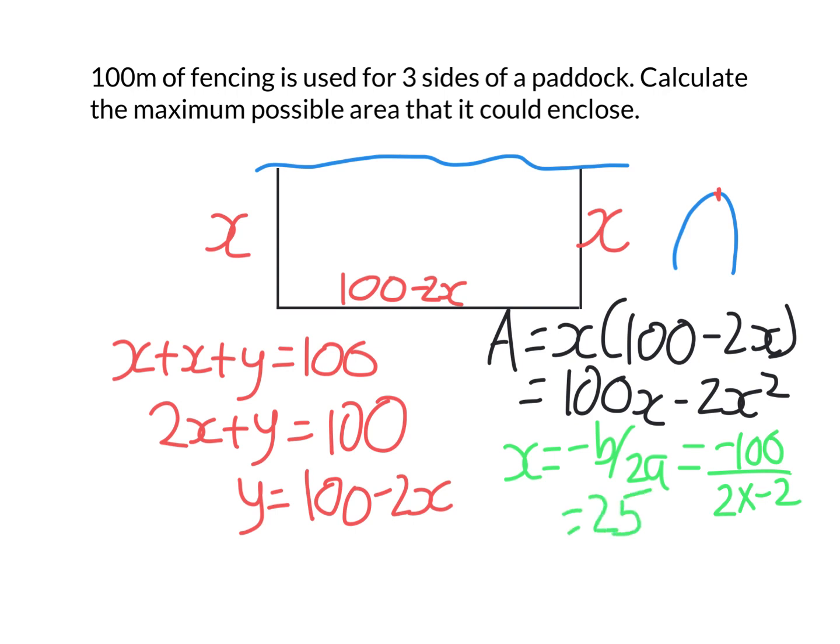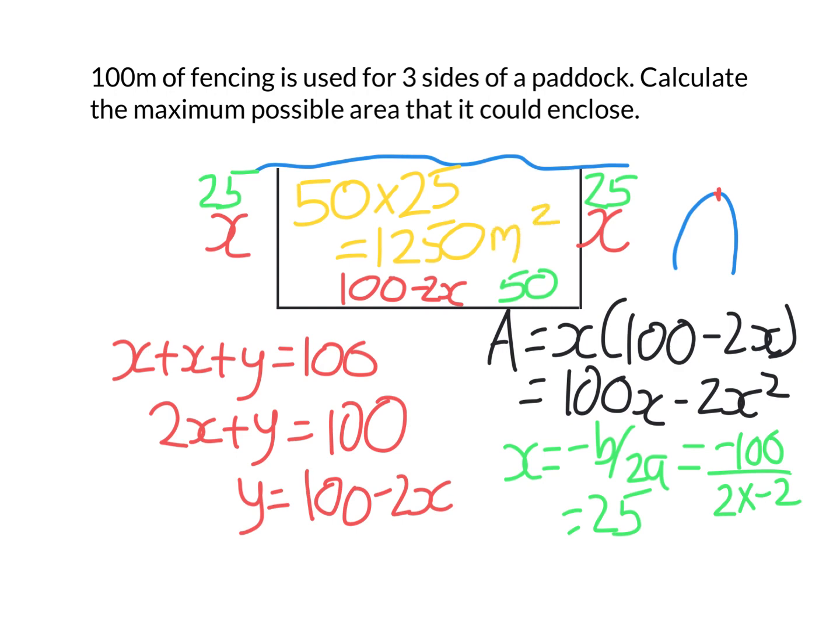That's saying the maximum area it could enclose means that this will be 25, this will be 25. So this will be 100 minus 25 minus 25, which is 50. So the maximum possible area it could enclose is 50 times 25, which gives 1250, and because it was 100 meters, this will be in meters squared.